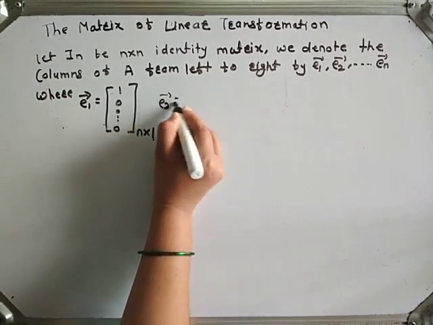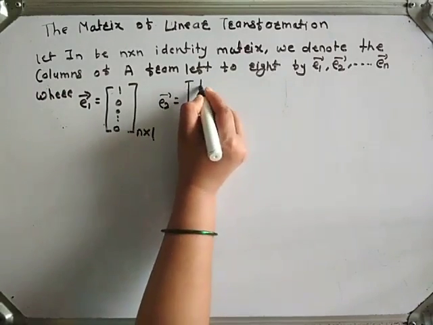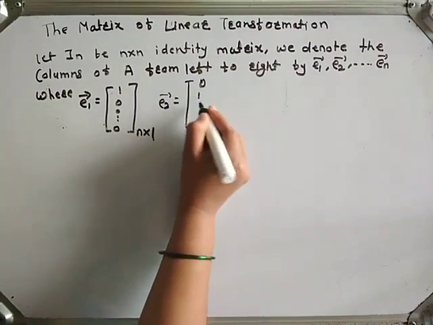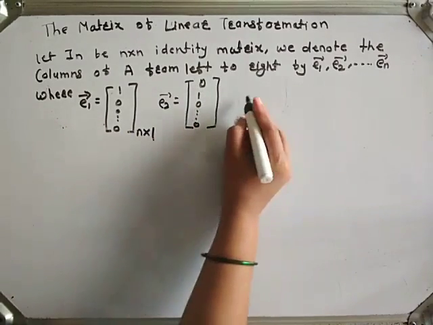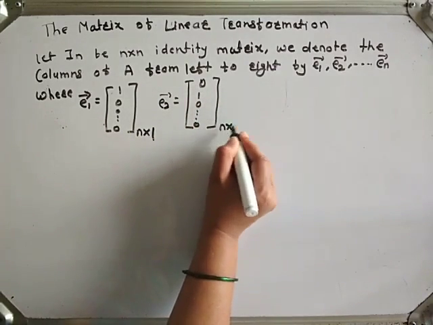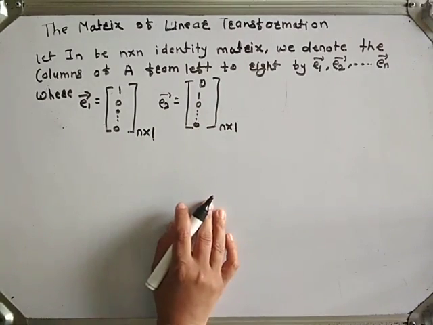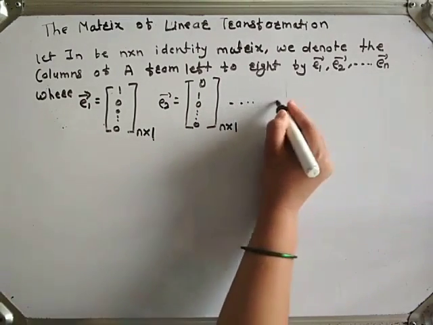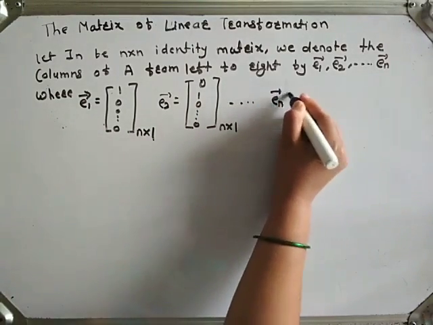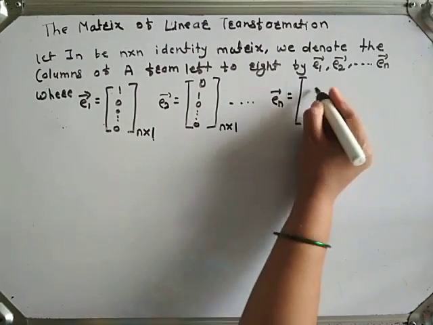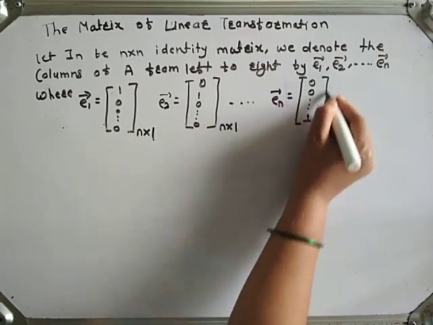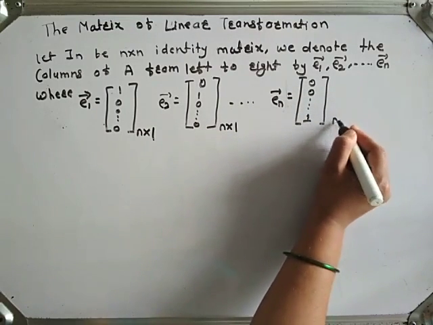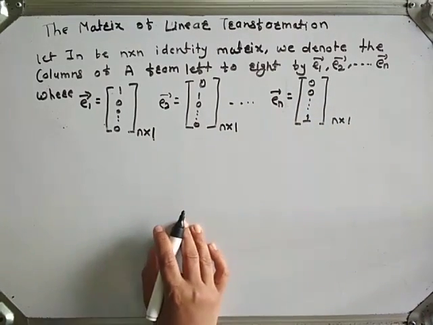E2 bar is equal to matrix 0 1 0 and so on up to 0. The dimension of this matrix is also n by 1, and so on up to En bar is equal to matrix 0 0 and so on up to 1. The dimension of this matrix is n by 1.